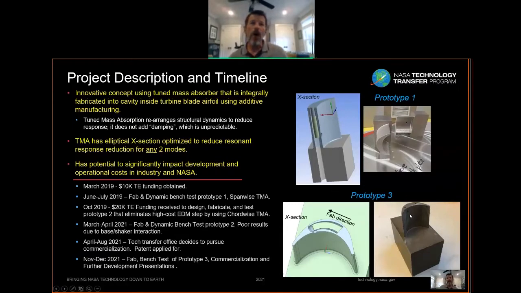And again, the hole in the front here is just for visualization with your measurement laser. You have two little bitty holes in the top, and that is to blow out the remaining powder after the additive manufacturing operation.